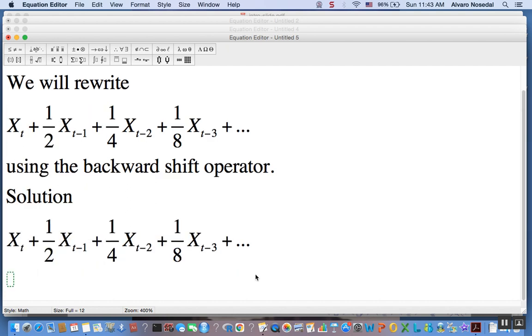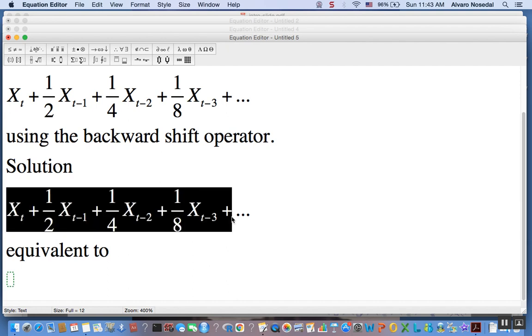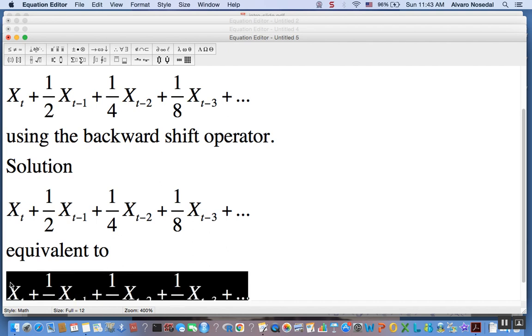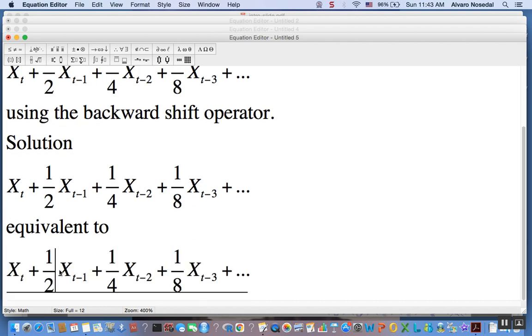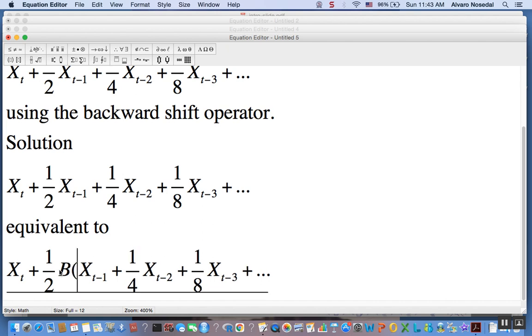So this one is equivalent to, let's write what we said. We have here B applied to x_t.